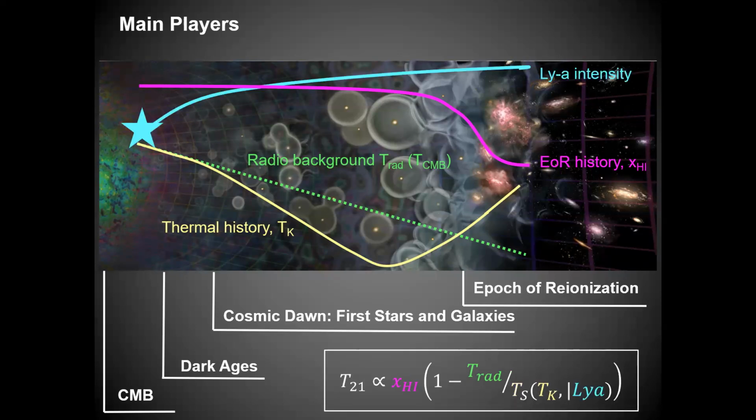This term appears here only because starlight, we say, couples, so it drives the characteristic temperature of this 21 centimeter transition, and couples it to the temperature of the gas. Without stars, this term would tend to 1, so everything would be in equilibrium with the CMB background radiation, so we would not be able to observe anything.